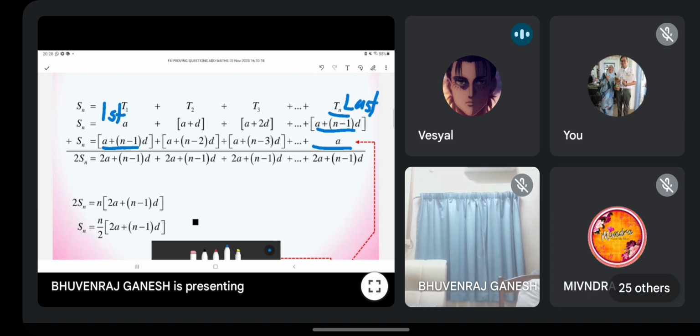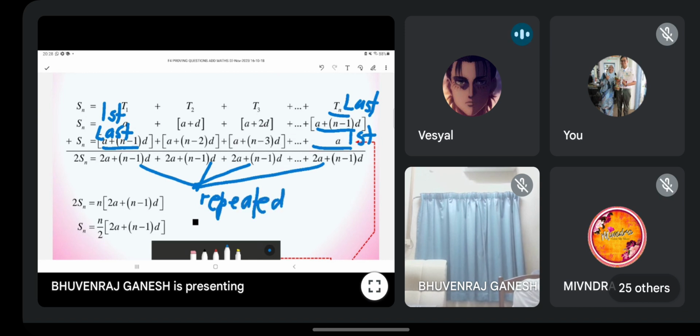Then once you have both sequences, you add them together. So you will get 2Sn equals 2a plus n minus 1 d, plus 2a plus n minus 1 d, plus 2a plus n minus 1 d, repeating again and again. Once you see that it repeats, you can say that it is repeating n times.